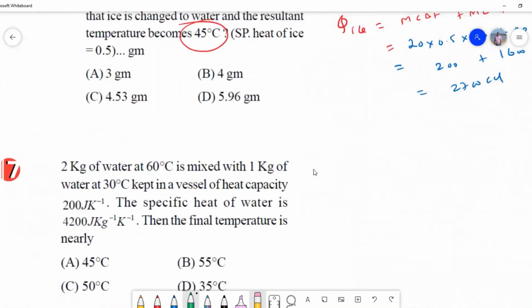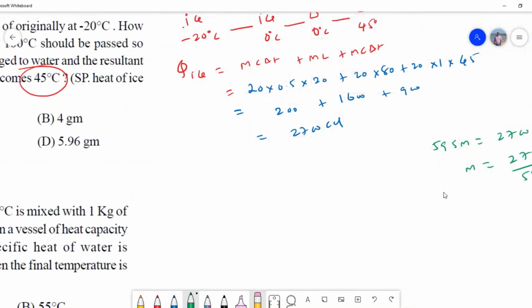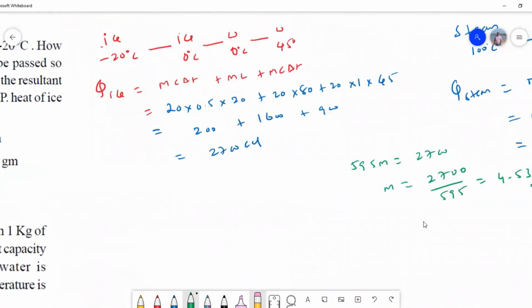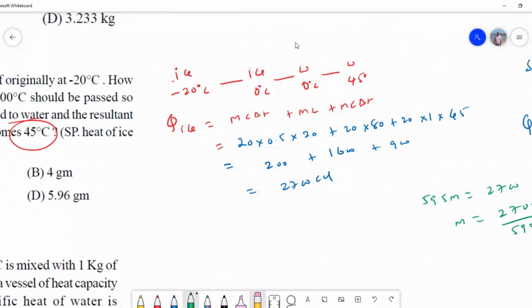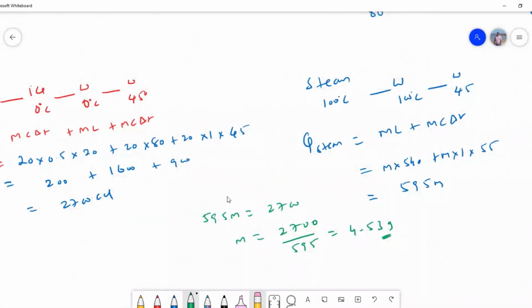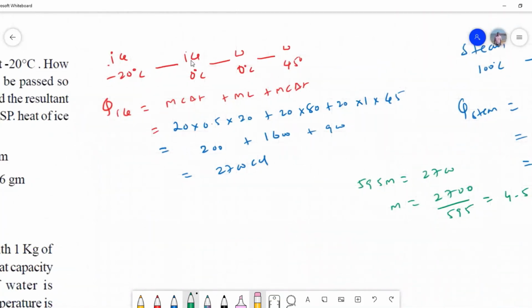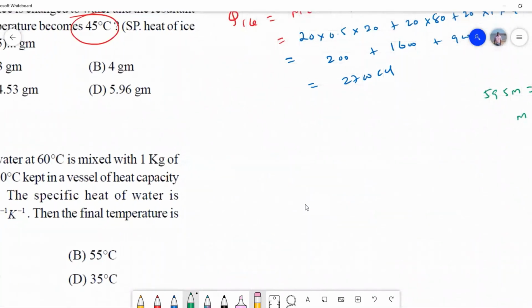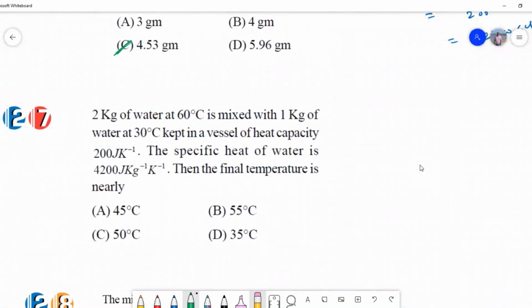Yes, option number C is the answer. The answer is 4.53 grams. Here heat gained by ice is equal to heat lost by steam. So when you draw this phase change diagram, you never go wrong. Calorimetry, this is the main important point. Let's move on to problem number 27.